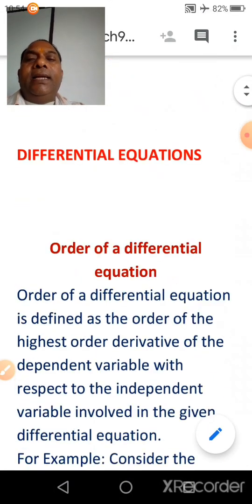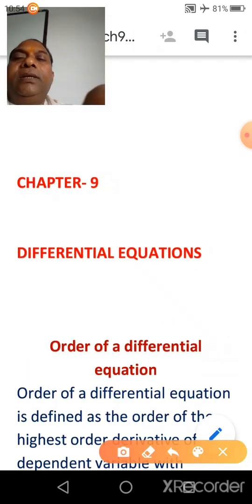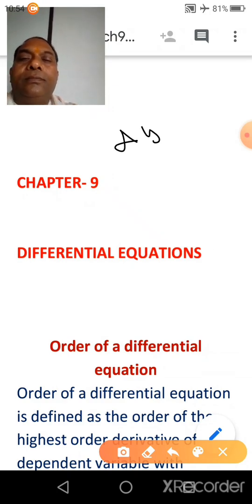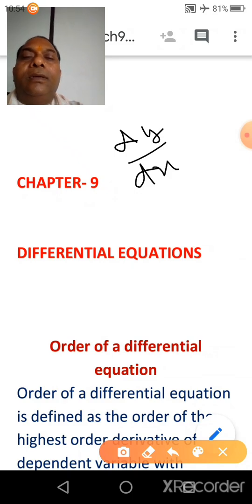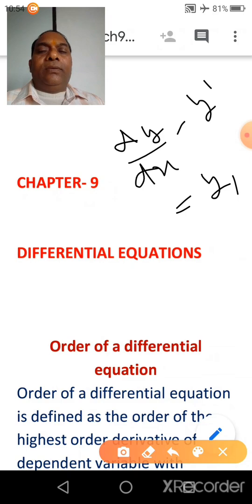And in case of order, see here dy by dx can be written as y dash also and y1 also, and known as first order derivative. Means dy by dx or y dash or y1 are known as first order derivative.